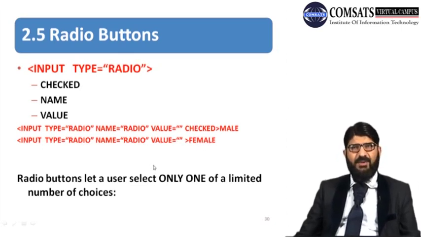So radio buttons allow a user to select only from a limited number of choices. Usually when you want to select between two choices, for example between gender male or female, then you will provide a radio button.